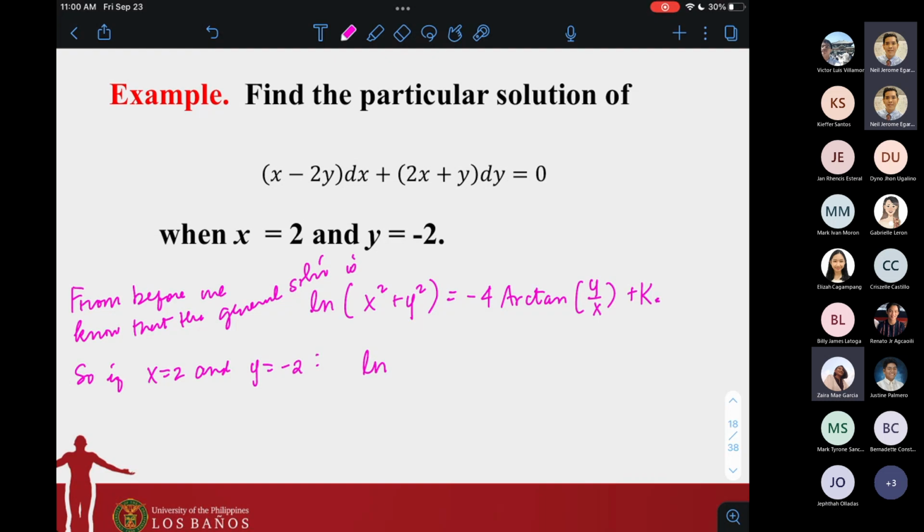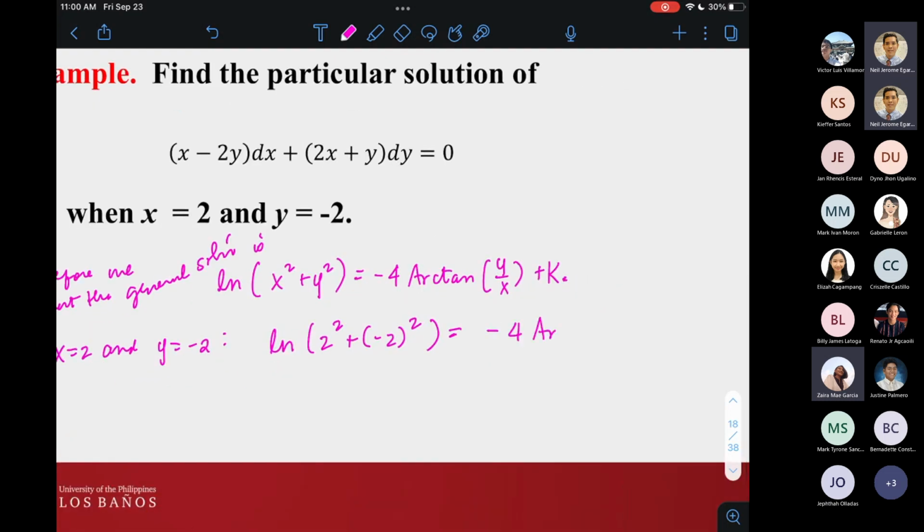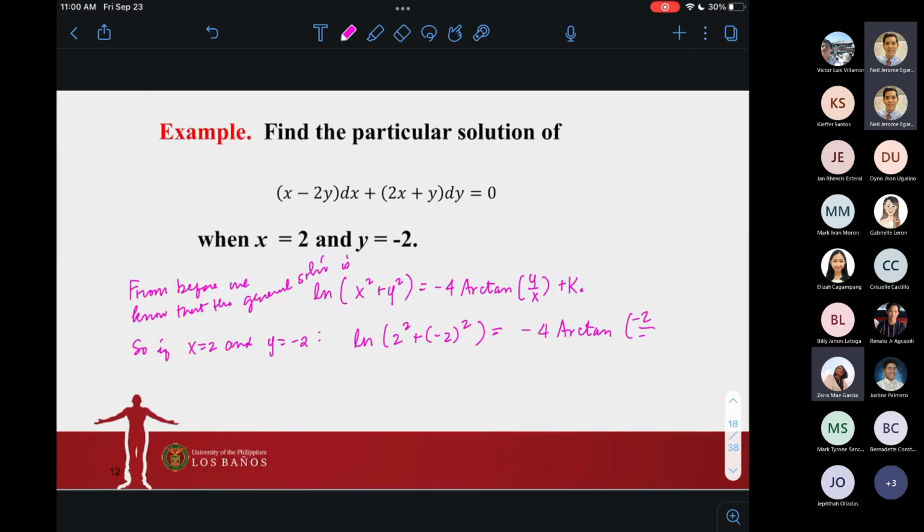So we'll have ln ng 2 squared plus negative 2 squared ay magiging equal kay negative 4 arctangent ng negative 2 over 2 plus k. So what I just did is to replace all x's by 2 and all y's by negative 2 para mahanap natin sino yung k na specific para dito sa condition na kapag si x ay 2, dapat si y ay equal kay negative 2.